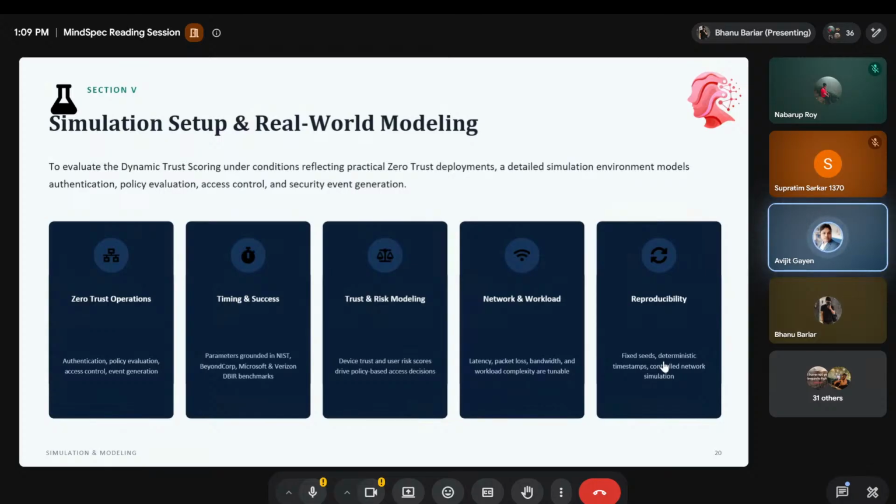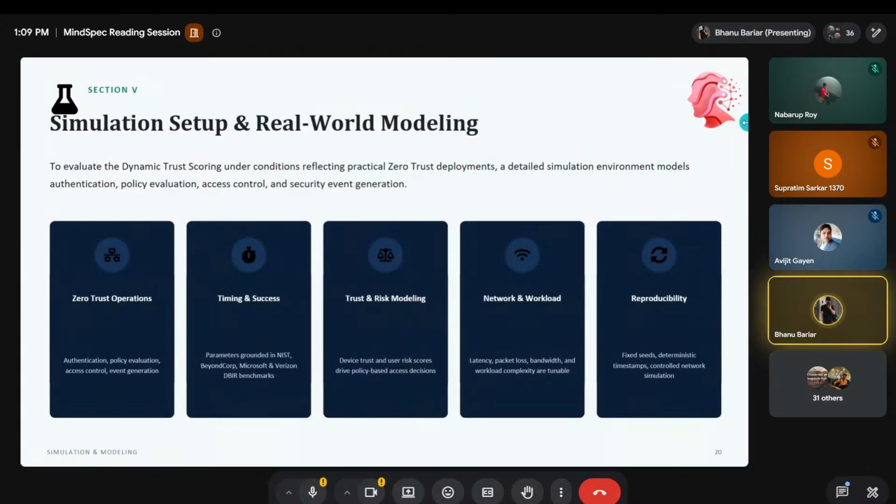Is there any technical glitch? So just 1 minute, network connectivity is not okay, right. Okay. Okay, sorry for the glitch.